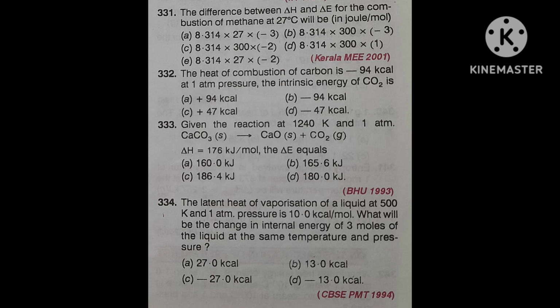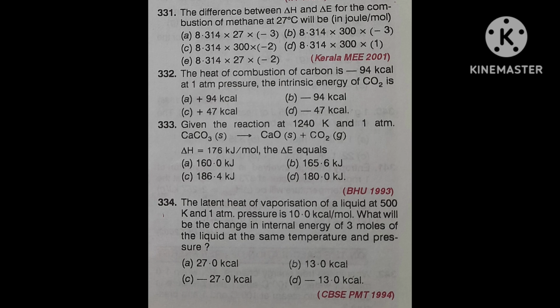Then 8.314 divided by 1000, because it is in joule and you convert it into kilojoule, divided by 1000 to convert to kilo. The temperature is 298, since in the question 25 degrees is given, 273 plus 25 is 298. Now simplify it. You will get the answer minus 7.43 kilojoule.